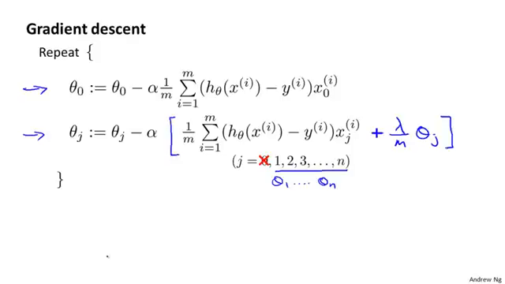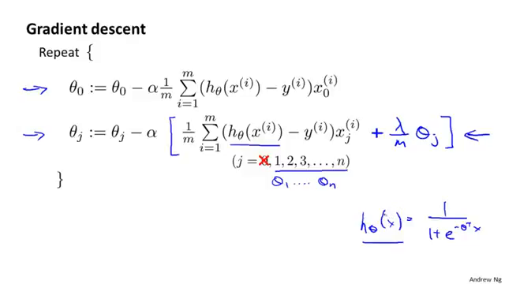And once again, this cosmetically looks identical to what we had for linear regression, but of course it is not the same algorithm, because now the hypothesis is defined using this. So this is not the same algorithm as regularized linear regression, because the hypothesis is different, even though this update looks cosmetically the same as what we had earlier when working out gradient descent for regularized linear regression.